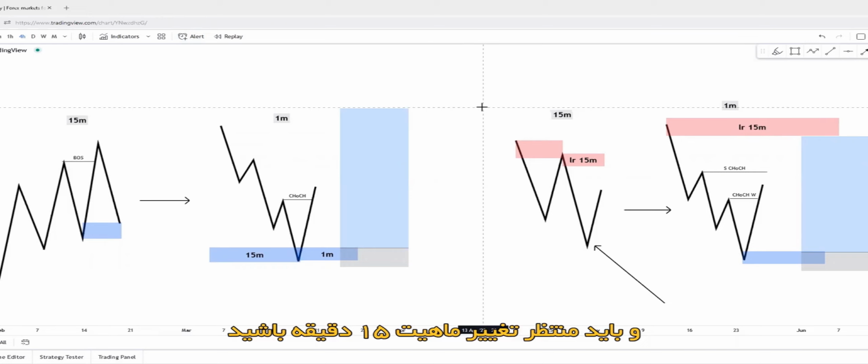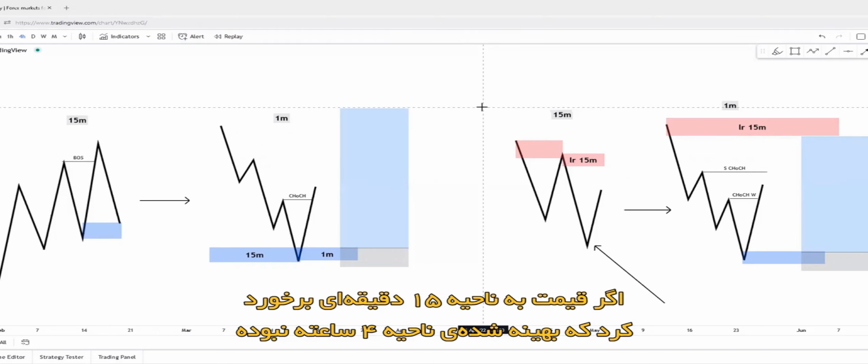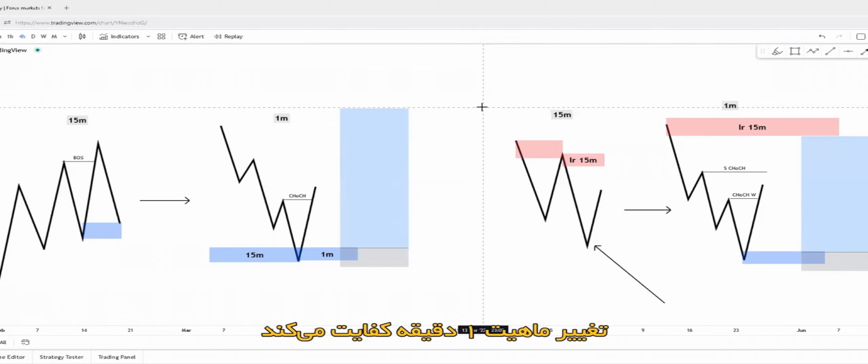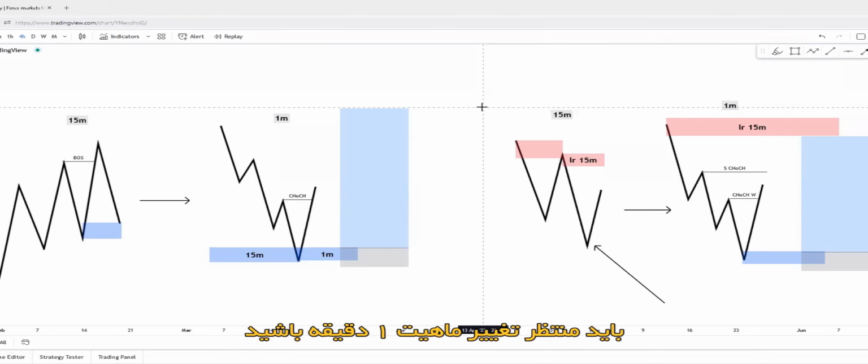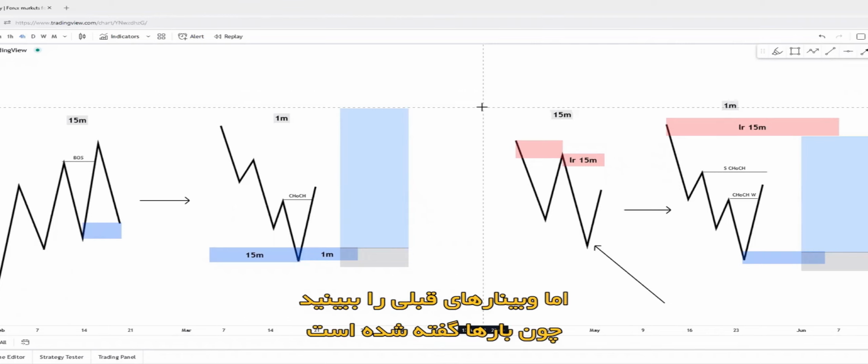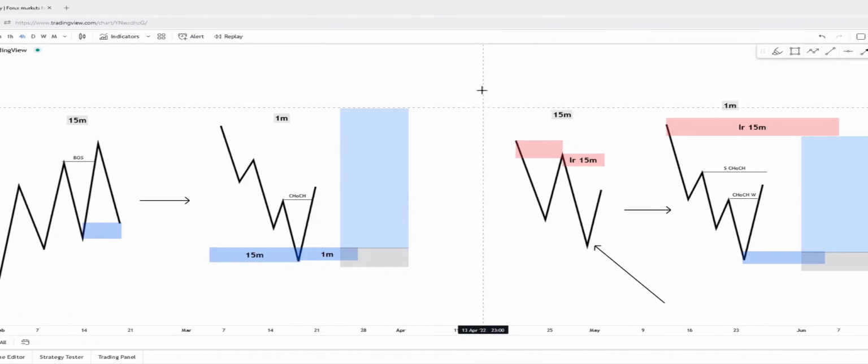So you have to wait for a 15-minute change of character. If price steps into the 15-minute zone, which has not been refined from the 4-hour zone, 1-minute change of character is perfectly enough. If price steps into a 5-minute zone, which has been refined from the 15-minute chart, you have to wait for a 1-minute change of character. Okay, but please just watch the webinars because these are being explained in every single webinar.